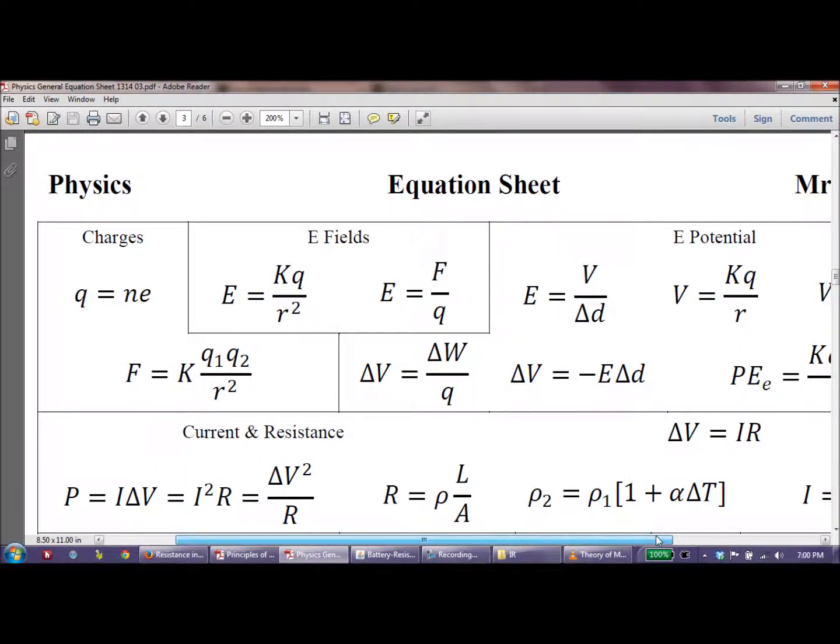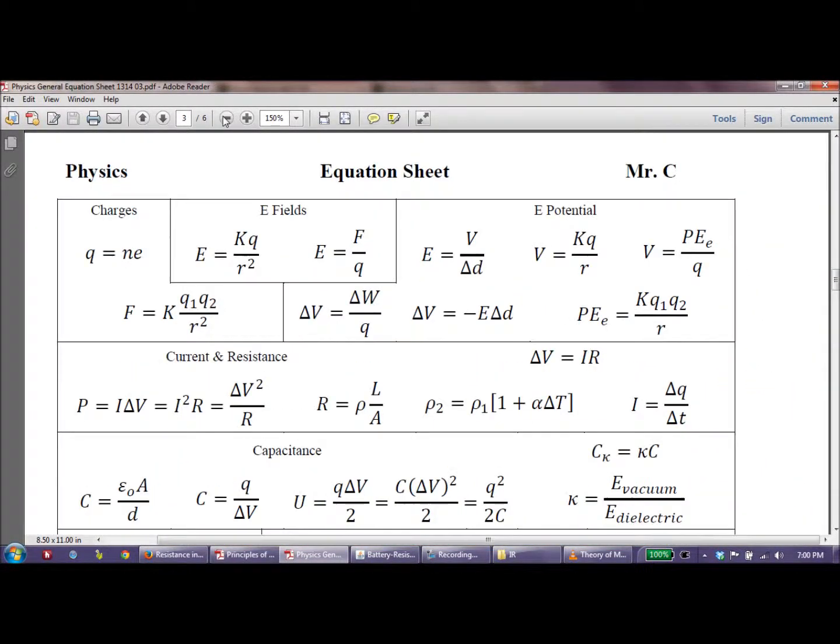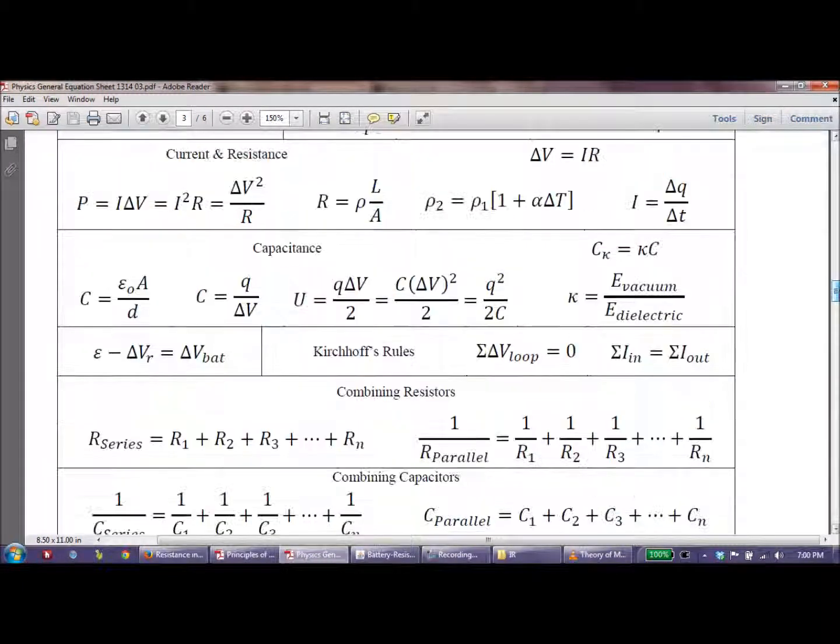So here's our power equation. Power is voltage times the current, and then these are the other forms of it. So notice they're all equivalent. Use the form that best suits you.